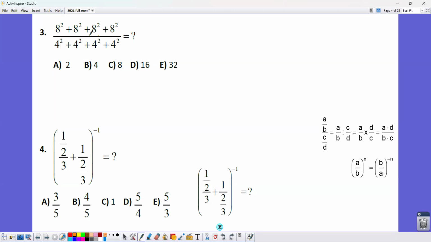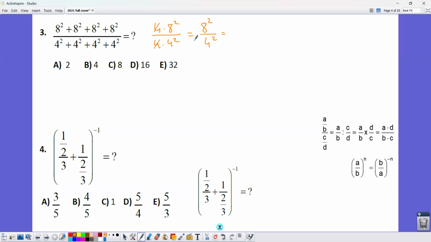But also, because the same number is added, I can write it as multiplication. So I have 4 times 8 squared over 4 times 4 squared. Because we have multiplication here, 4 and 4 will cancel each other, so I have 8 squared over 4 squared.